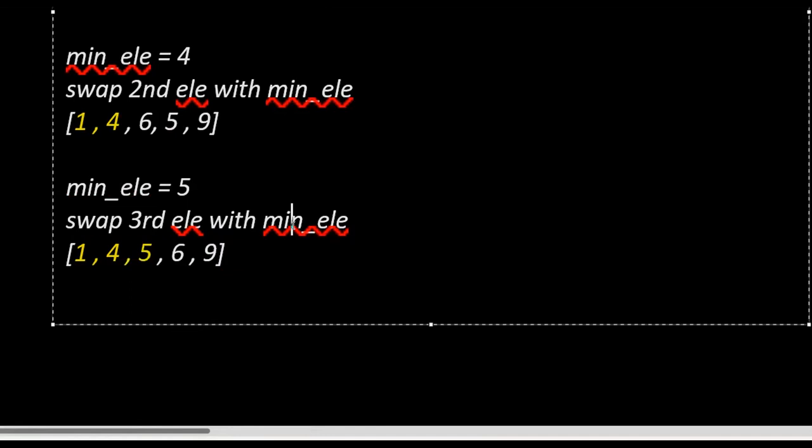If I again find the minimum element in the sublist, I get 6. If the current element and the minimum element have the same index, I don't need to swap them. Finally, I have 9, which is already sorted because a single element is already sorted, right?